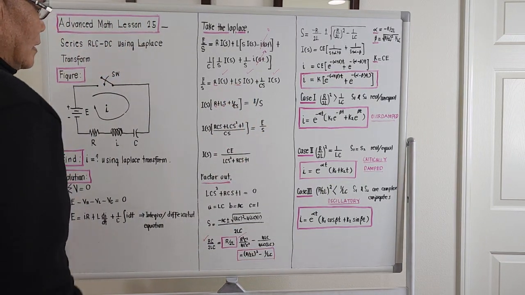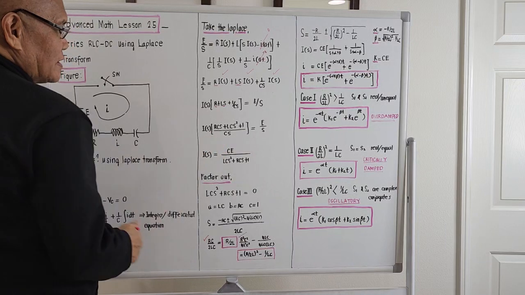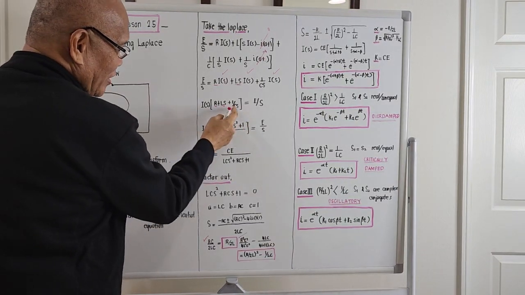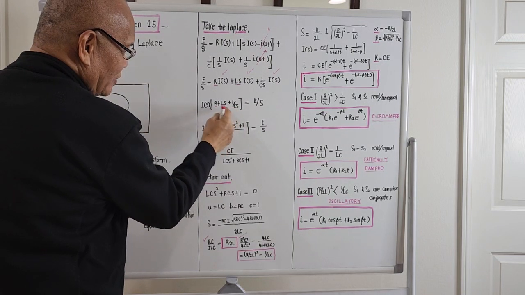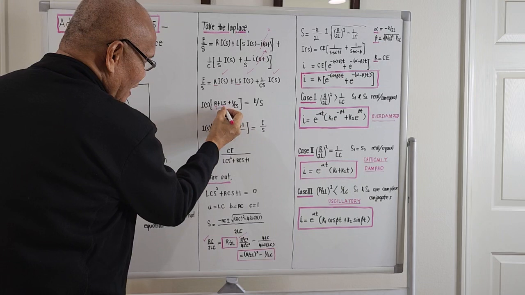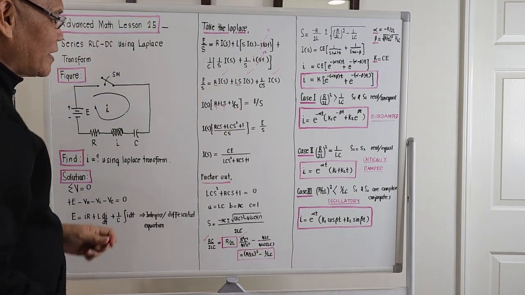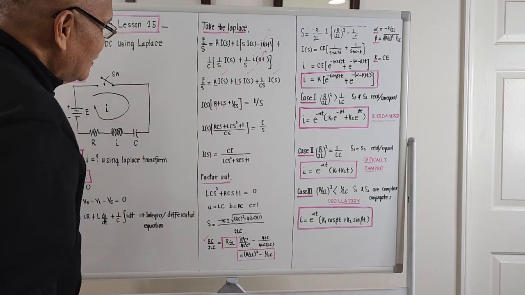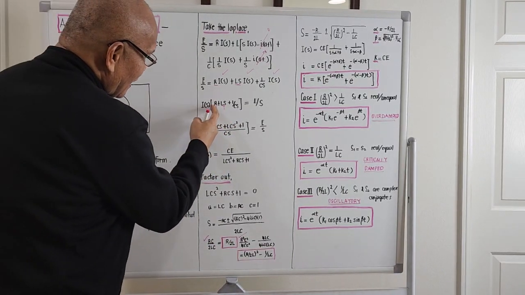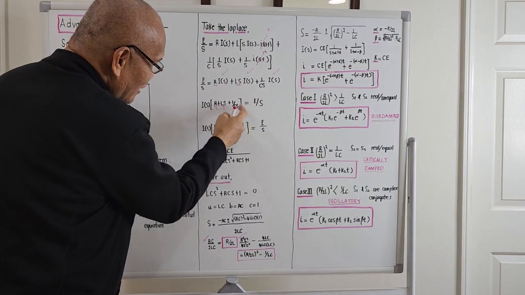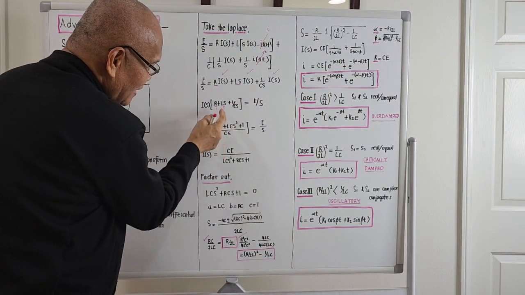I of S. We will simplify the one inside the bracket, because there is a fraction over here and there is no fraction. These are R over 1 and LS over 1. So if we simplify the one inside the bracket, we multiply R and LS by this denominator. R times CS will be RCS.